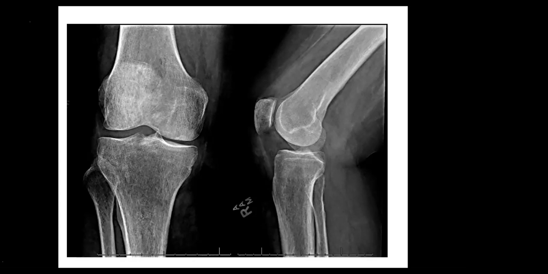Coarsened trabecular pattern with decreased bone density, but there is subchondral sclerosis. There is also cortical irregularity below the articular surface of the tibia.